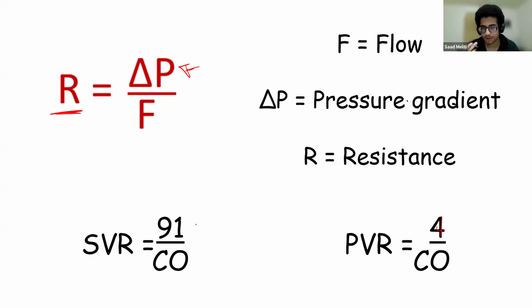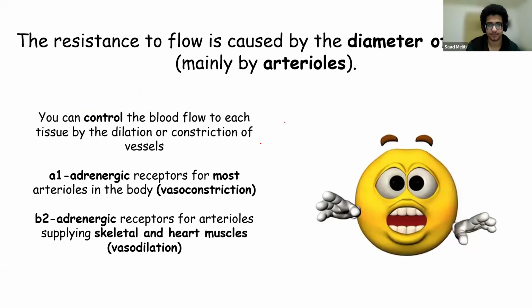Very quickly, just with your eyes, which one has a higher resistance? Cardiac output is flow? Yeah, in this case, cardiac output is flow. Flow can be anything. Flow in general is just the amount of blood that passes a point in a specific period of time, but in the cardiovascular system, when we say flow, we can say cardiac output.